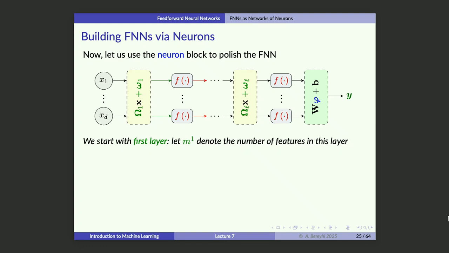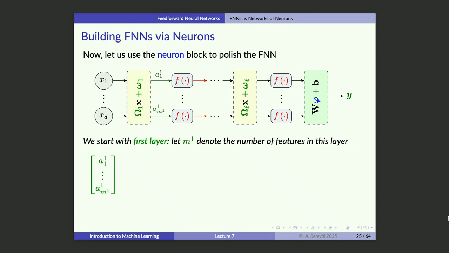So these are different values, so I can show them with, say, A1, A2, and so on till AM1, right? So I can show it that way. So this is going to be the output vector of the first linear transform, A1 to AM1.